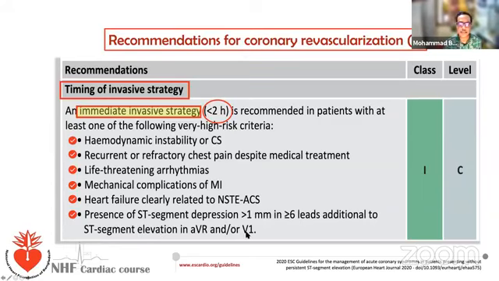So if the patient comes to the emergency room with any one of these criteria, the patient should be arranged for an immediate invasive strategy in less than 2 hours. And this patient should not be given a loading dose of P2Y12 receptor blocker.